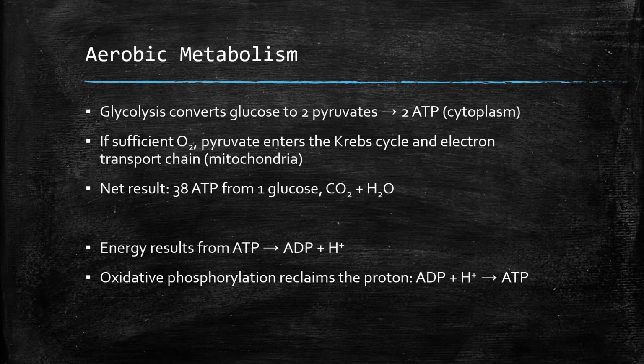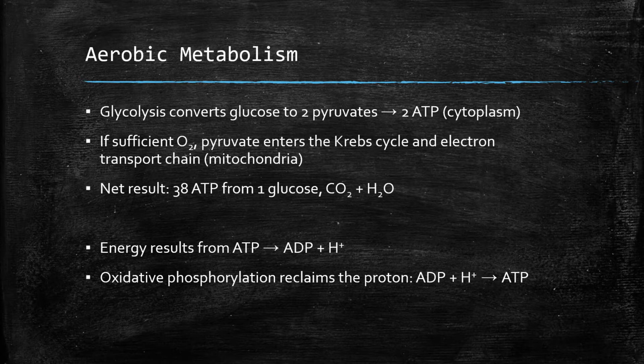If there's sufficient oxygen present, pyruvate then enters the Krebs cycle and the electron transport chain, which are located in the mitochondria. This entire process is called oxidative phosphorylation. The net result, and the important result, is that a single glucose molecule yields 38 ATP molecules, 2 from glycolysis and 36 from the electron transport chain.